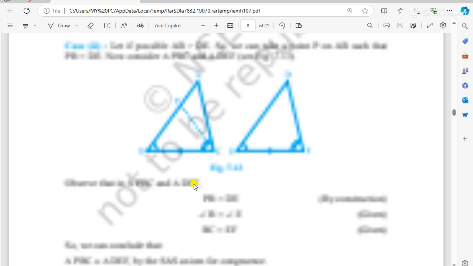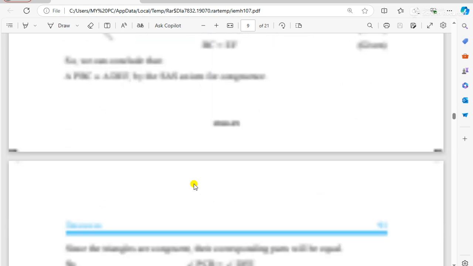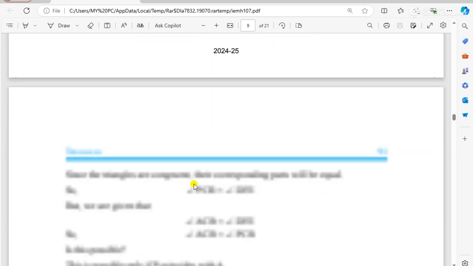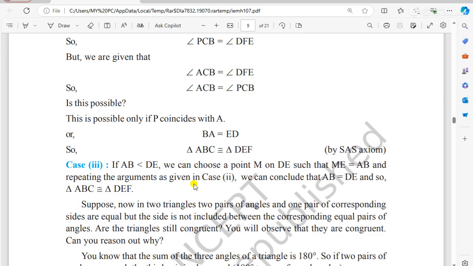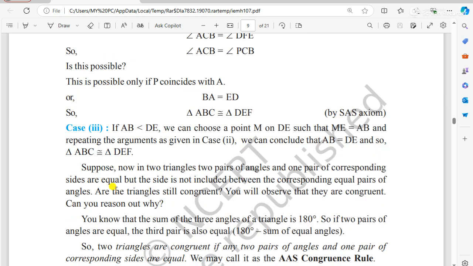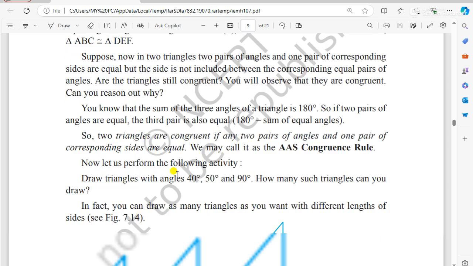Now here you can realize there is a point: two triangles are congruent if two pairs of angles and one pair of corresponding sides are equal. We may call it the angle angle side congruence rule also.